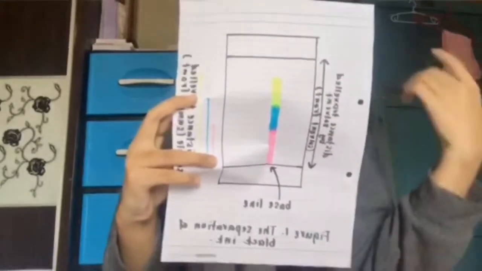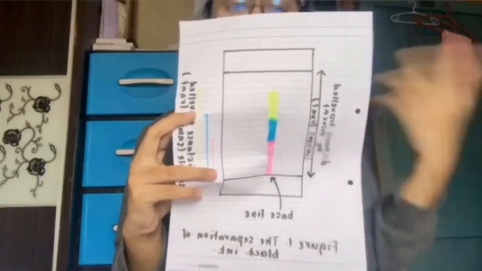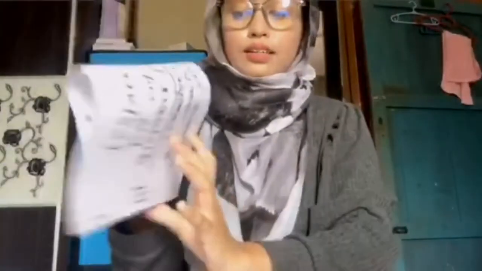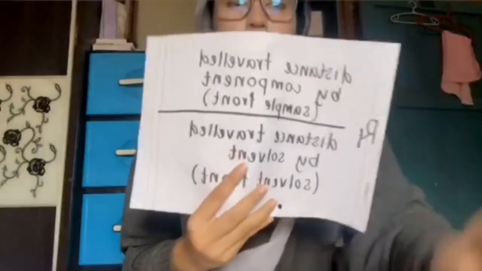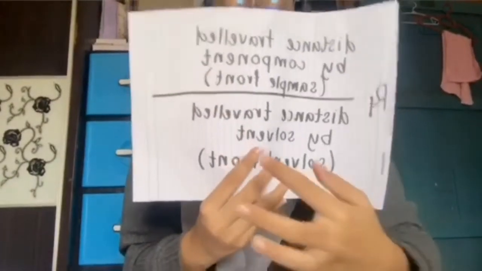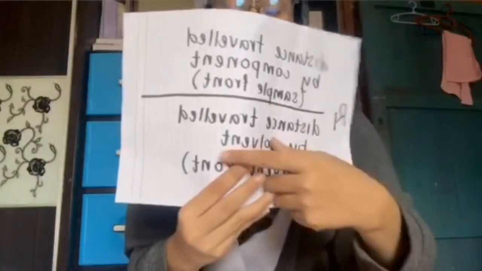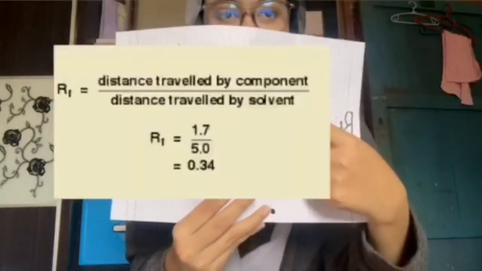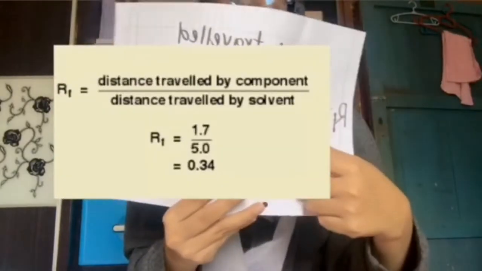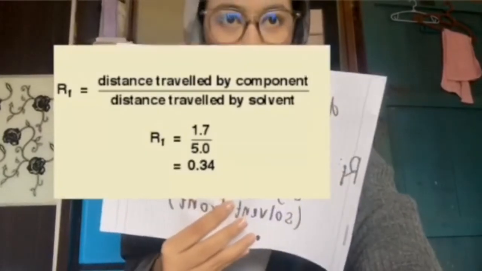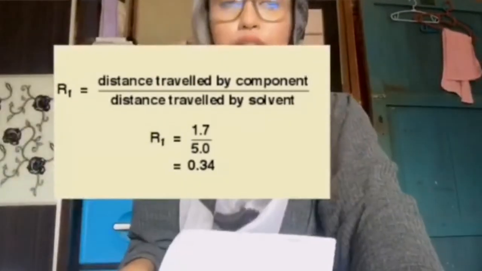Then the RF value for the red dye is calculated right here: the sample front over the solvent front. So 1.7 centimeters divided by 5 centimeters, the answer will be 0.34. Okay, that's the example of how to calculate the RF value.